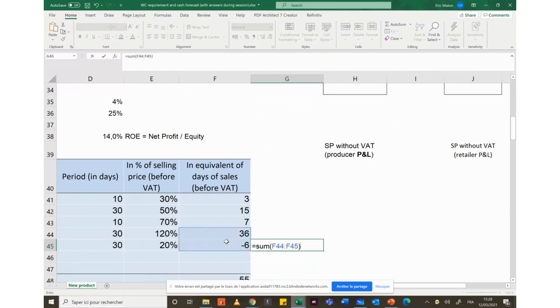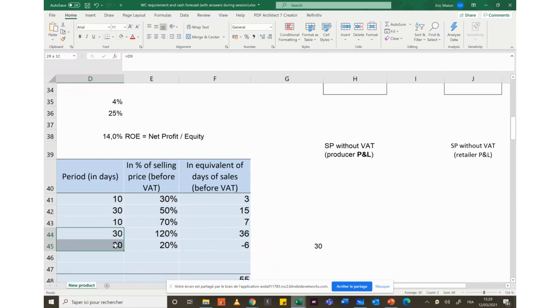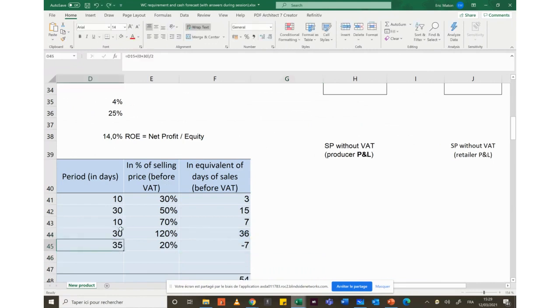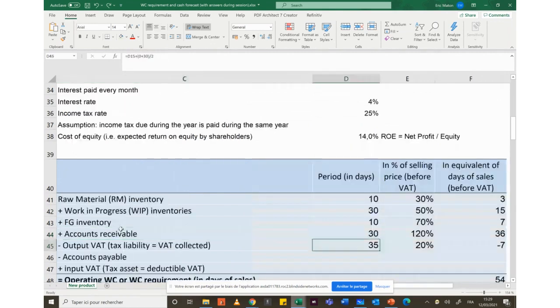So the 30 days is directly what you put here. The problem here is you don't give back the VAT at the same time you collect the VAT. Because we have a difference in the period, we separate the two. If we don't have a difference, in this case you can sum the two in one line.